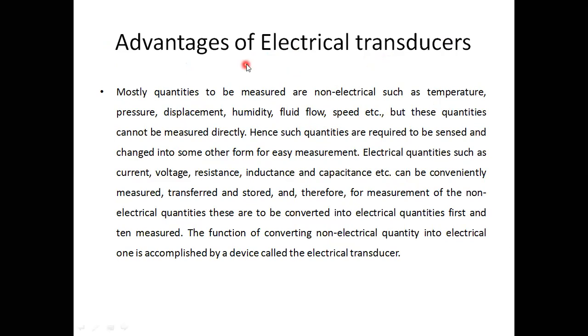And the most important point to note is that electronic transducers have many more advantages than electrical transducers. Why? Because the only drawback of electrical transducers is the output meters.